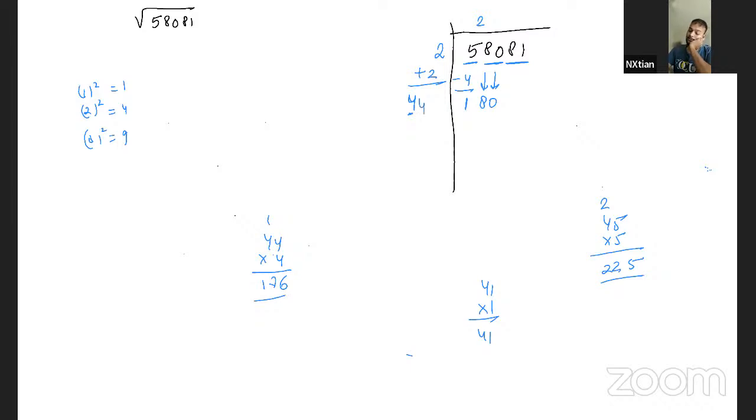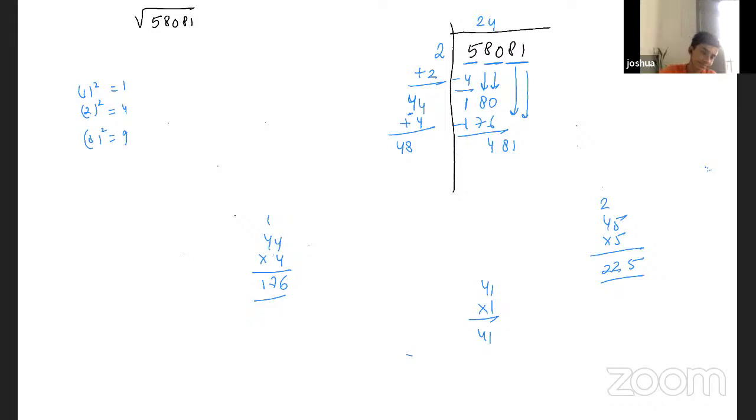So 44 fours are 176 and the remainder will be 4. And now this pair 81 will come down and the 4 which I multiplied, I will add it here. It becomes 48. Understood, Joshua? Everyone understood? Sam, Ezekiel, Jahavan, till here, you understood?